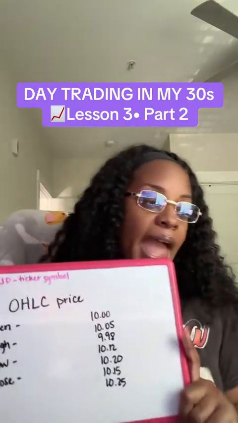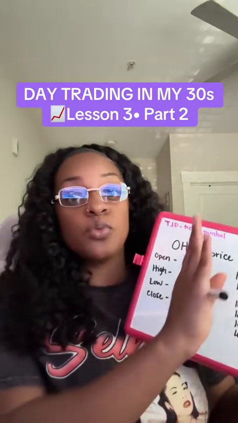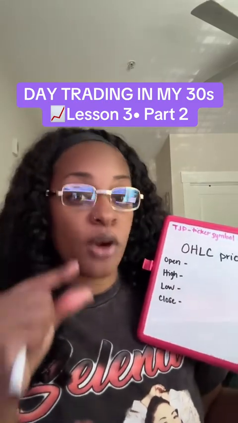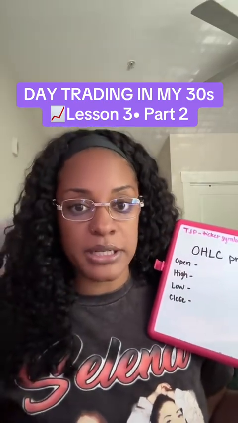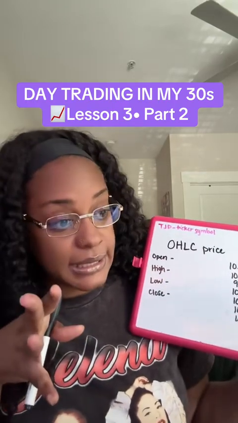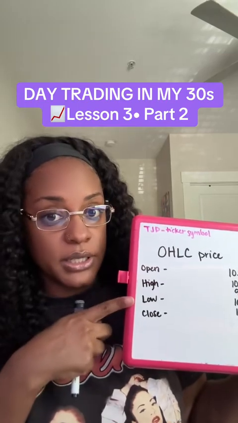Okay. H is the highest price reached during that period. So you have to wait that whole 5 minutes before you know what the highest price was during that 5 minutes. That's why I said it's every completed candle that gives you these 4 price readings.